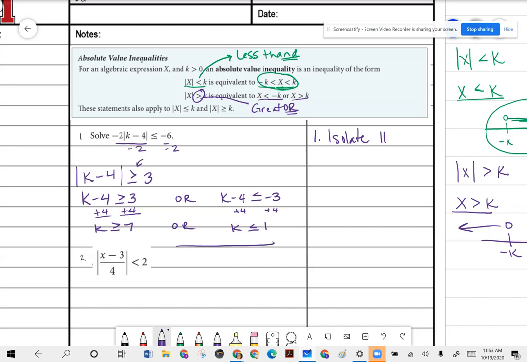So on our number line, we have 1, we have 7, closed and going this way, closed and going to the right. And then in interval notation, we have negative infinity to 1, bracket, union, bracket, 7 to infinity. So after you isolate the absolute value, go ahead and then solve, create 2 inequalities.